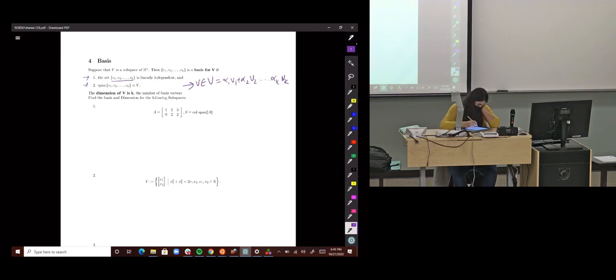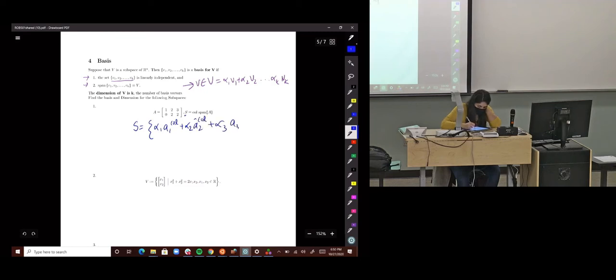So given an A matrix, I define a subspace S that is in the column span of A. So basically, what that means is any element in S is a set such that any element in S is given by alpha 1, the first column of A, plus alpha 2, the second column of A, plus alpha 3, the third column of A. And also they're all real numbers.